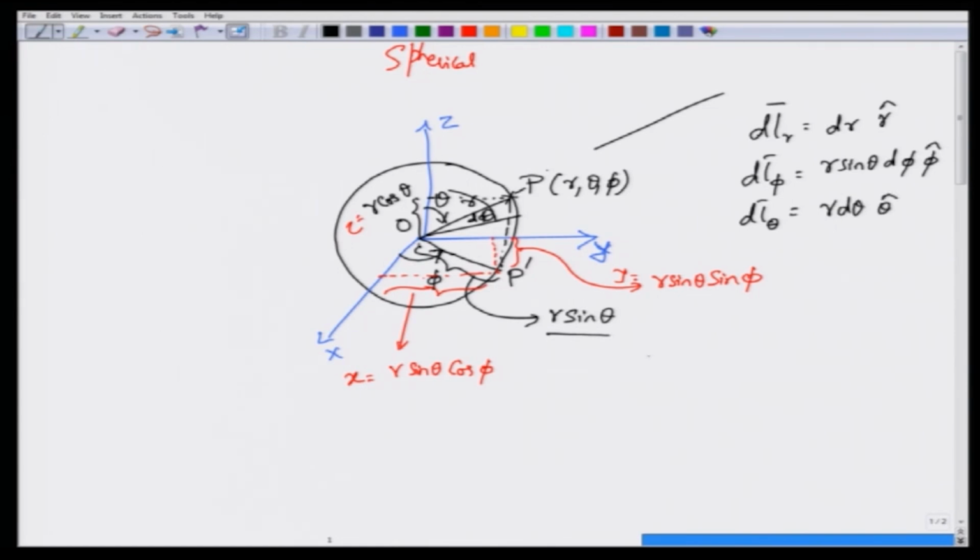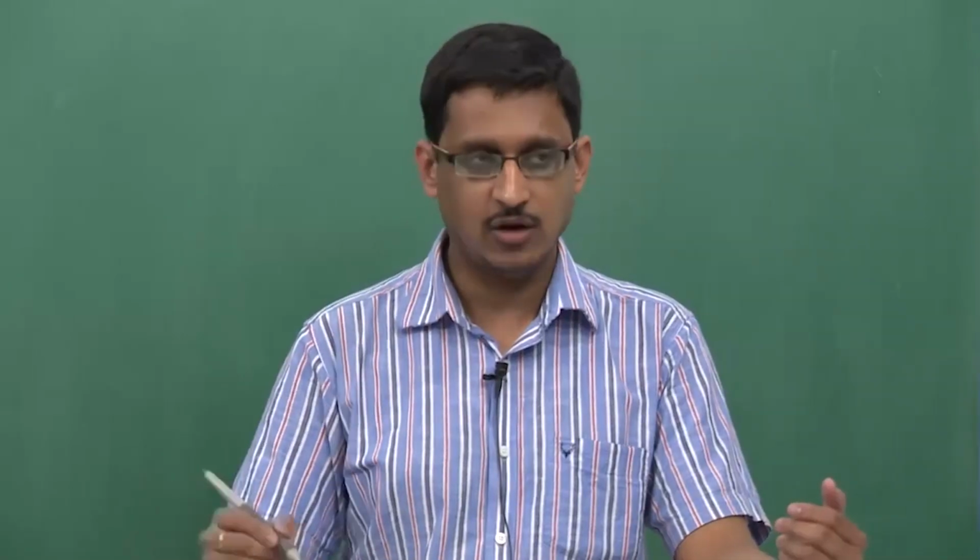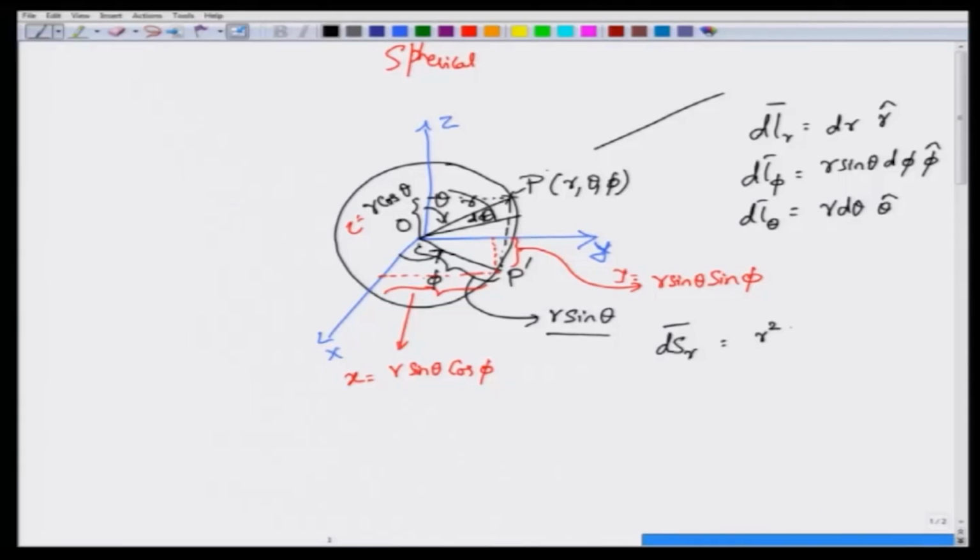What about the surface areas? The vector surface area ds along r will be equal to, you need to move a certain direction along theta and a certain direction along phi, and these are the movements that you know how to move along. That becomes r d theta along theta and r sin theta d phi along phi. So, we get r square sin theta d theta d phi, and it will be directed along r hat.